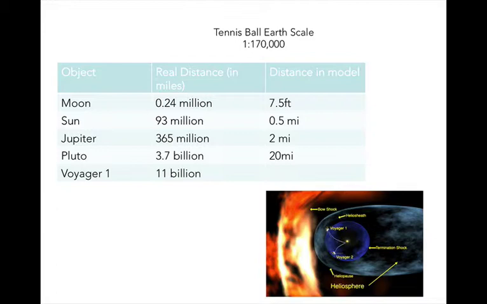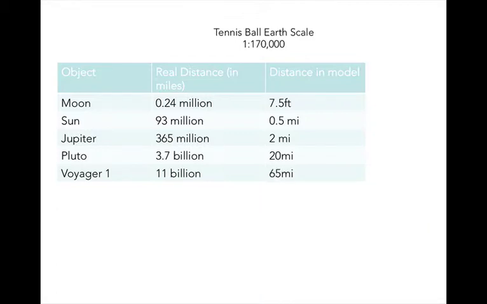This could be considered to be the very outer boundary of our solar system, and Voyager is close to that boundary. This is the farthest any man-made object has ever been from the Earth, almost to the boundary of the solar system. A great achievement and a full 65 miles from our tennis ball Earth in the scaled down model.